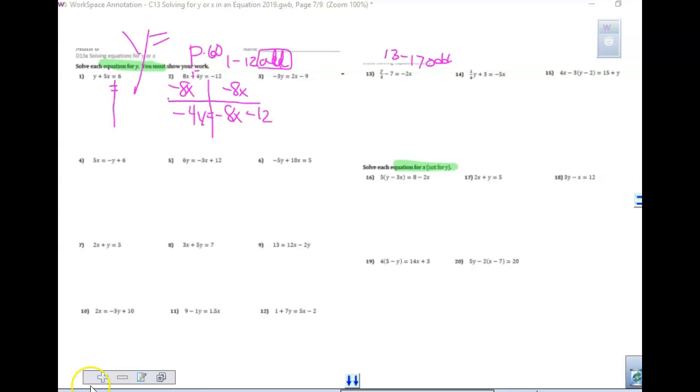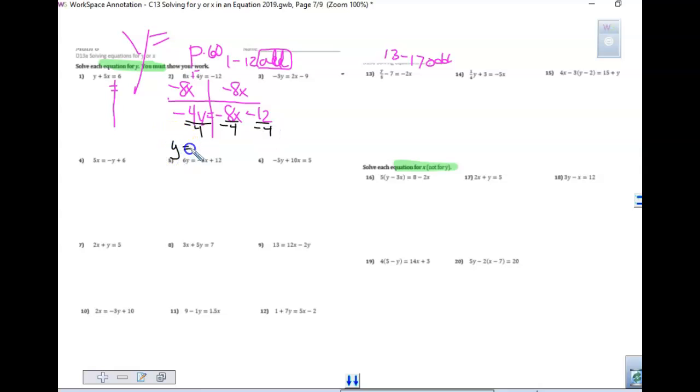So, we subtracted 8x, and we put it in the order we like, negative 8x minus 12. I'm going to do what now to solve for y? Divide everything by negative 4, right? Everything by negative 4. And then I'm going to turn and look at the answers in the back after I'm done.